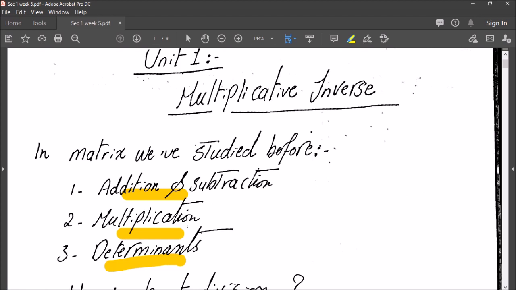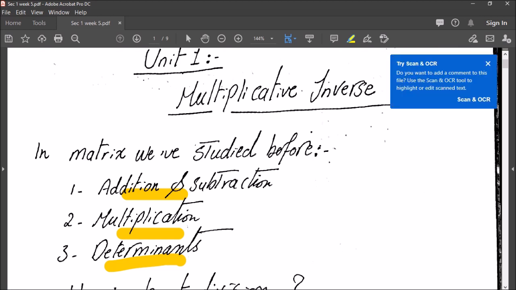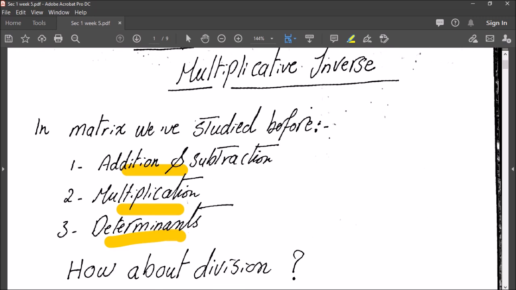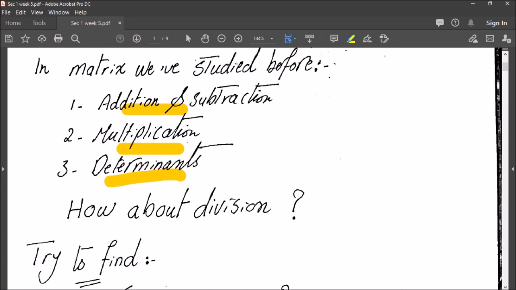We studied all three. How about matrix division? Does anybody consider why there is no matrix division?